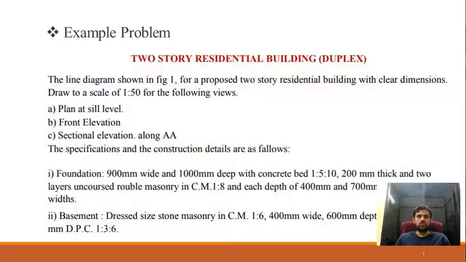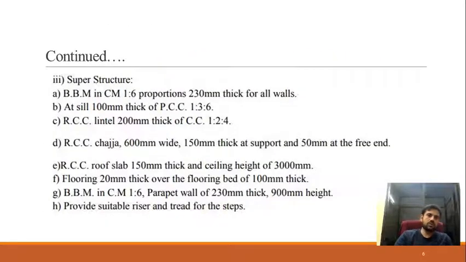In the plan I have also explained this problem, but you have to consider some things which are not considered in the plan. Here we mainly focus on the thickness of the RCC chajja, and it must be included. You can see here an RCC chajja 600 mm wide, 150 mm thick at the support and 50 mm at the free end.